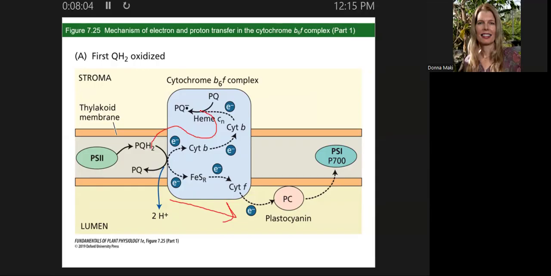Those players are going to be a cytochrome B and then another cytochrome B, which then gives it to another plastoquinone. And all plastoquinones are like, yeah, I want 2 electrons. So when it gets that 1 electron, that's not good enough. You have to have all of this repeat.